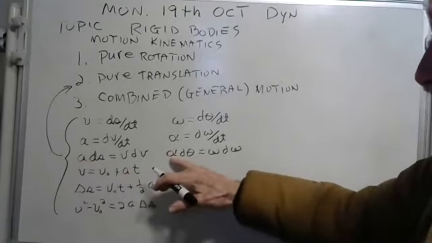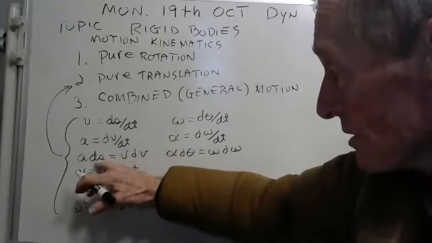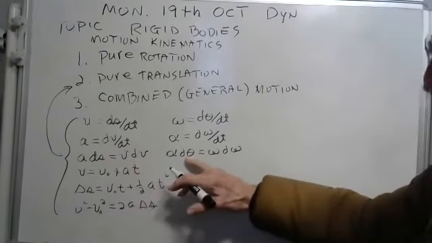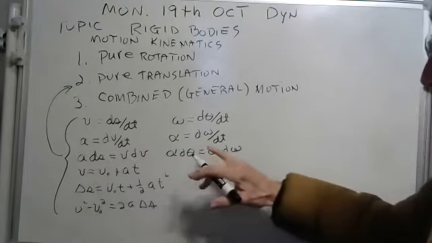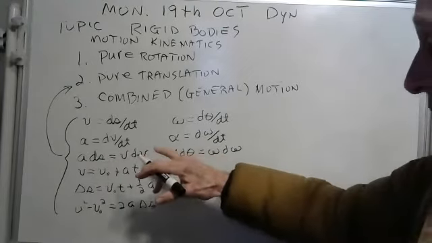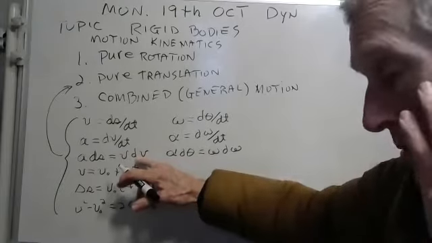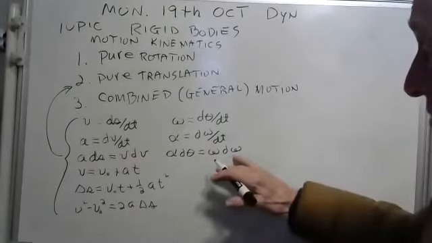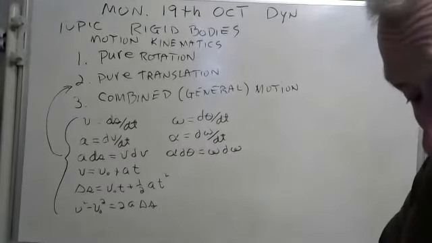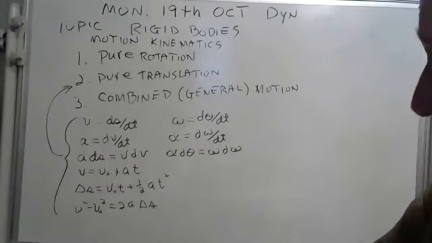This is angular acceleration. This is linear displacement. This is angular displacement. Linear velocity, angular velocity. The change in linear velocity, well, this would be the change in angular velocity.